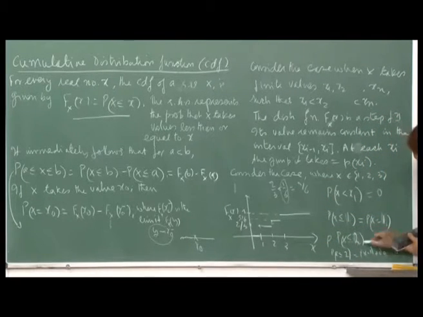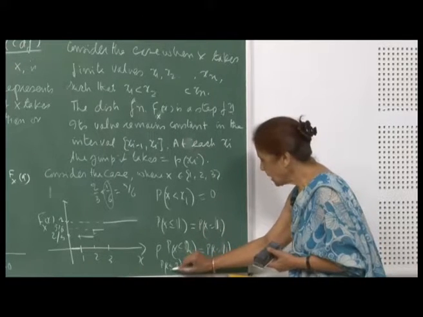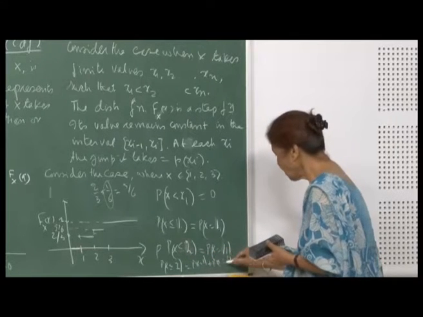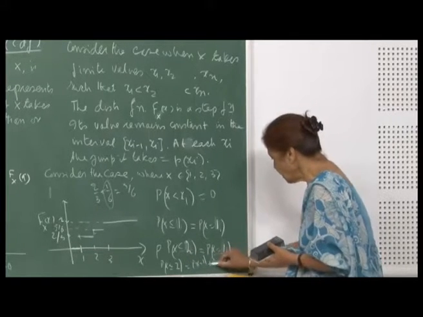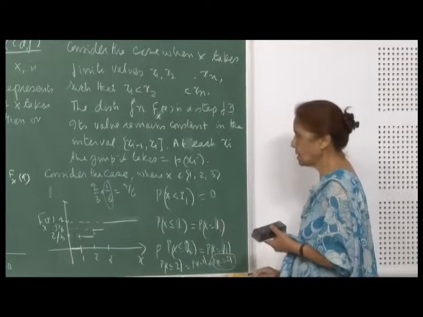So, till up to this point this was probability x equal to 1. The moment I said probability x less than or equal to 2, it became probability x equal to 1 plus probability x equal to 2. So, the value of the cumulative distribution function jumped by the probability of x equal to 2.